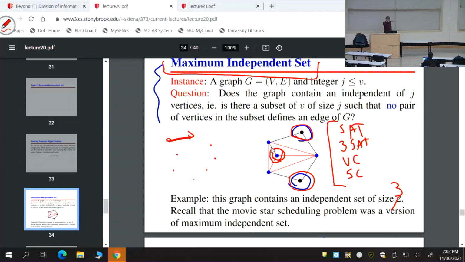Does anyone have a sense of smell about this? Sense of taste. Maybe it's a sense of taste more than a sense of smell. Which one of these looks most to you like it? You think vertex cover looks more like that. Why does vertex cover look more like it?